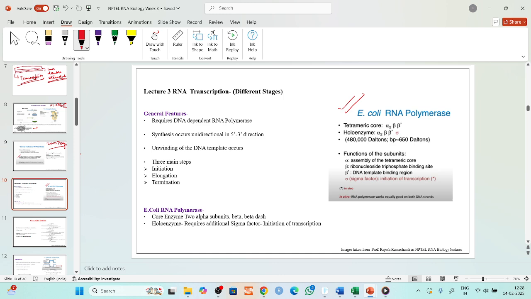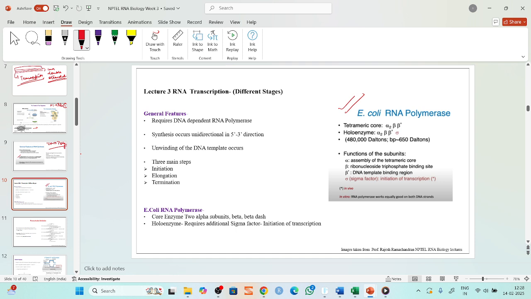This core enzyme cannot by itself start the transcription process. So for the initiation of transcription, along with this core enzyme, you need the extra sigma factor. And when the sigma factor comes and binds with this core enzyme, it becomes the complete holoenzyme.